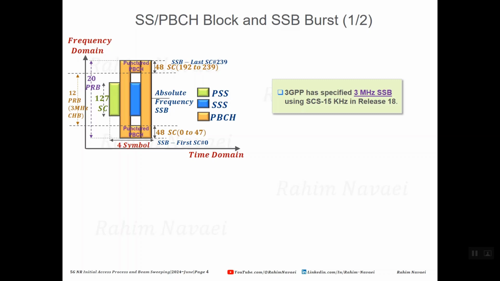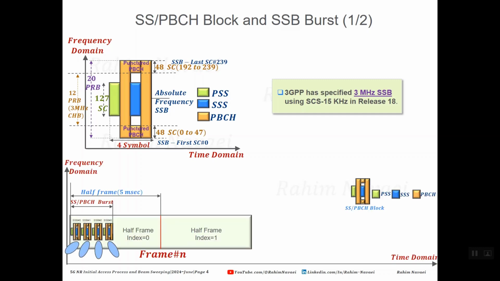In 5G new radio, with the help of beam forming and beam sweeping, there is a possibility to transmit synchronization signal blocks in different beams in a time multiplexed manner. The set of SSBs within a beam sweep is referred to as an SSB burst.